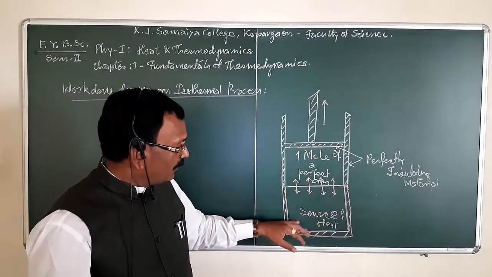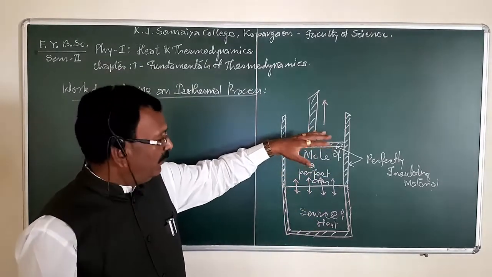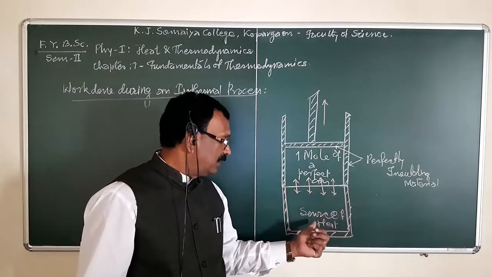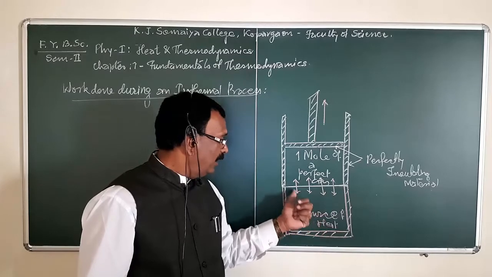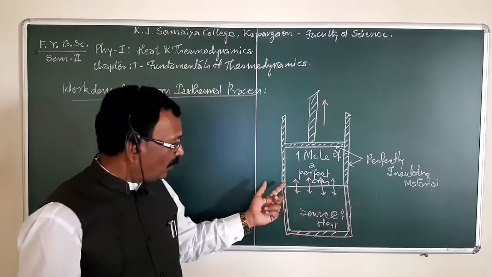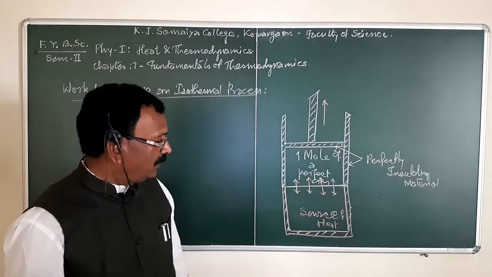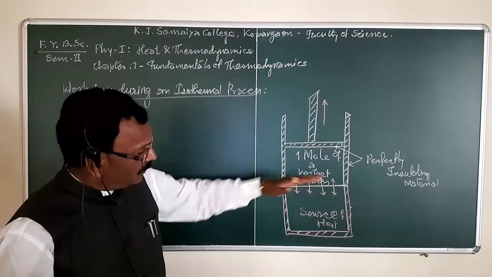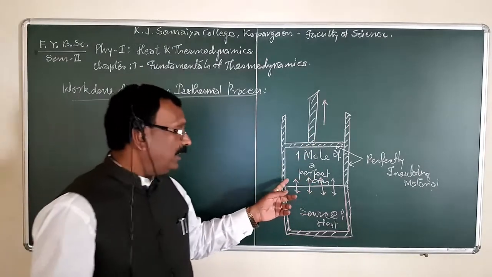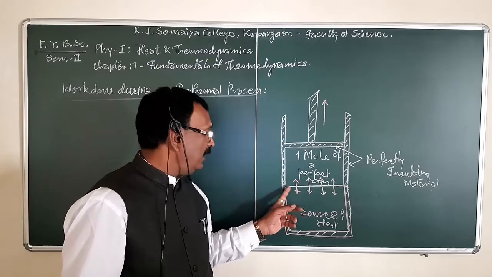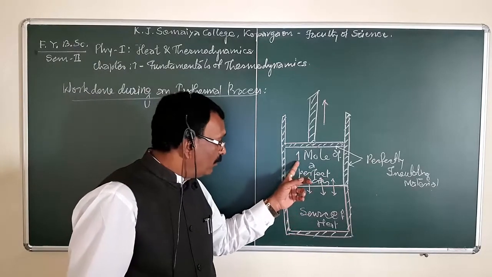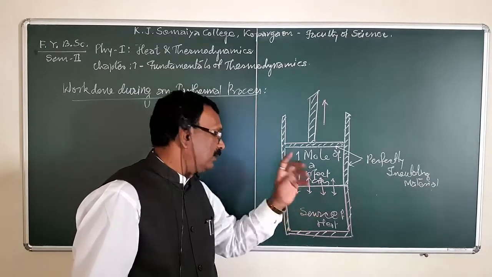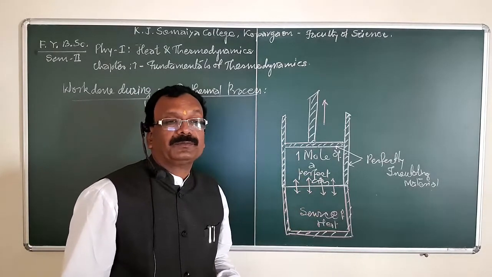The source on which the system is kept has insulating side walls, while the top surface of the source is perfectly conducting material. When we keep the system on the source, heat can exchange only through the base of the cylinder and the top of the source of heat.